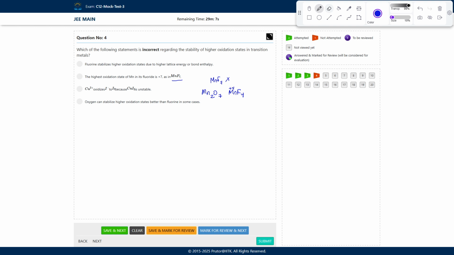Hence, our correct answer is going to be option B, because we have to identify the incorrect statement. So option B is our correct answer.